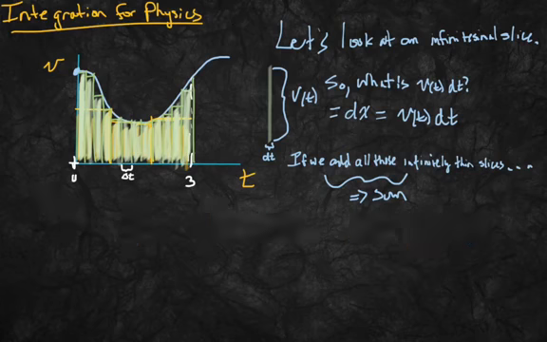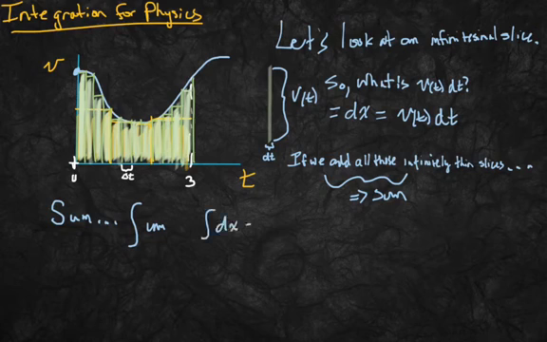Sum, which becomes the integral of dx if we sum all of the infinite slices. The sum of infinite slices gives us this guy right here.